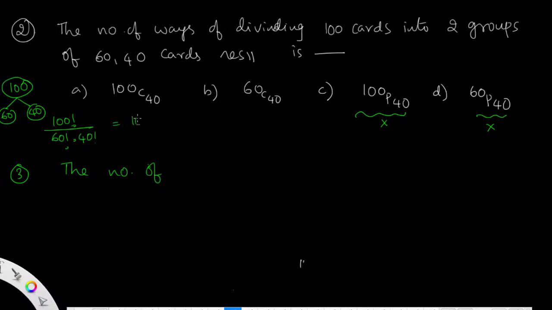This is nothing but 100C40, in the form n factorial by n minus r factorial into r factorial. So it goes to the first option only.